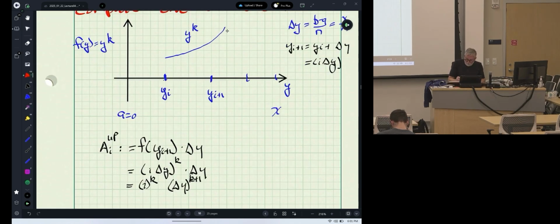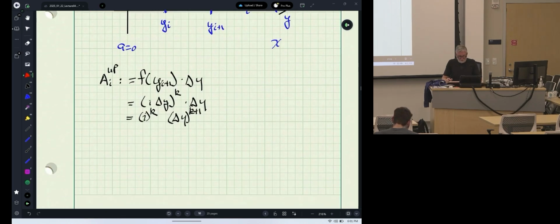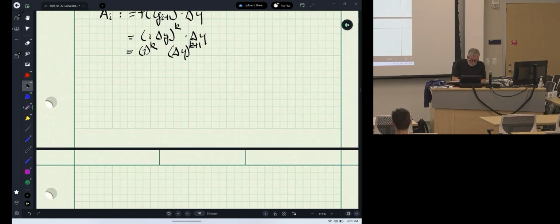Okay, so we're computing this upper approximation, and we get this really simple formula, i to the k, and then delta y to the k times delta y, that gives the k plus 1. So the upper bound on the area, we add up all of these.